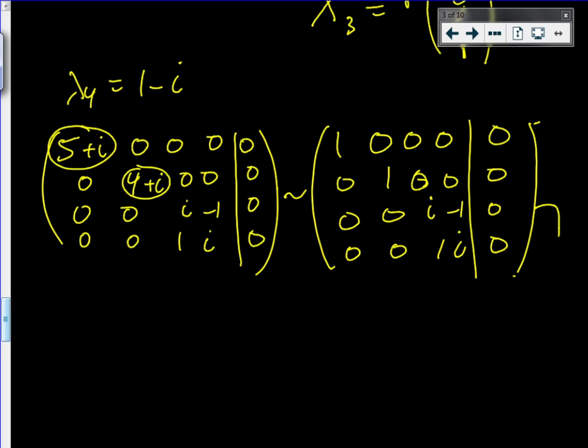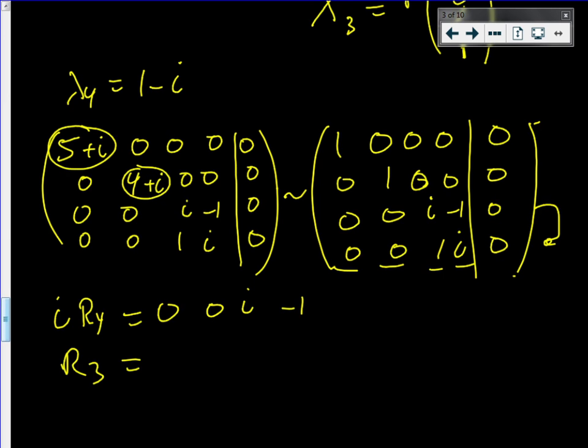You can interchange row 3 and 4. How about I multiply row 4 by i? So 0 times i, 0 times i, 1 times i, and i times i, which is negative 1. And then to that, I'm going to add row 3: 0, 0, i, negative 1. Except I meant to say subtract.